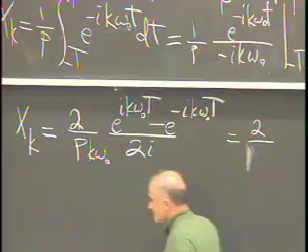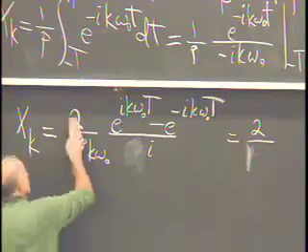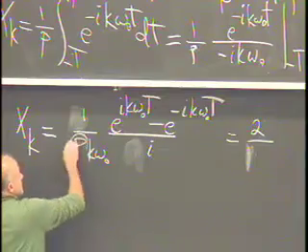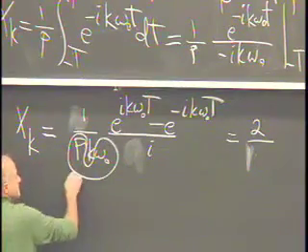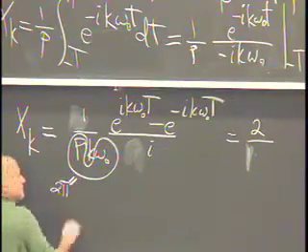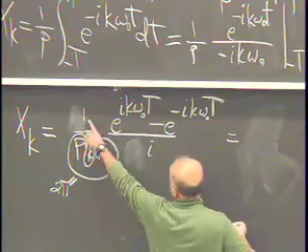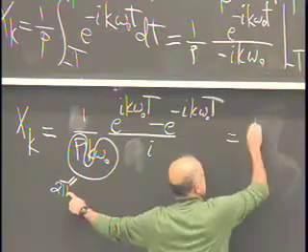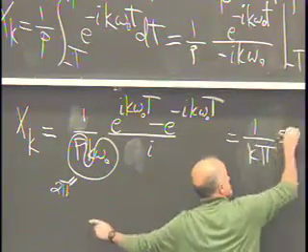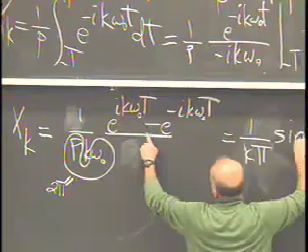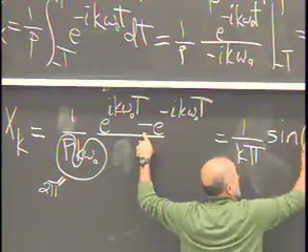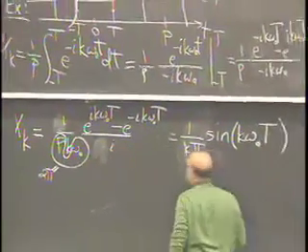Actually I didn't need to multiply and divide by 2. So let's keep that as 1, and recognize that this equals 2 pi. So I have a 1 over k pi times sine of what? K omega naught t.